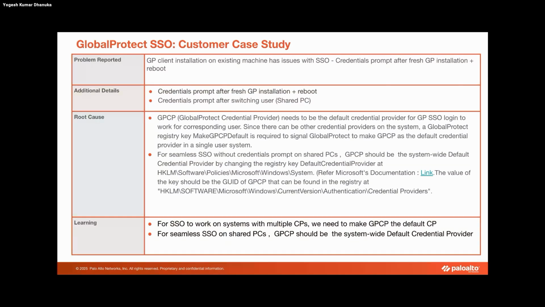But in certain scenarios you might be using another third party vendor or another credential provider, and if that is the default credential provider, GP won't be able to get the SSO. So in that case, you need to change the registry key to make sure the GPCP, the GP credential provider, is your default credential provider, which can help to retrieve your username for SSO. By default, it will work on most of the machines, but if you are using a different provider, then you need to take care of that as well.